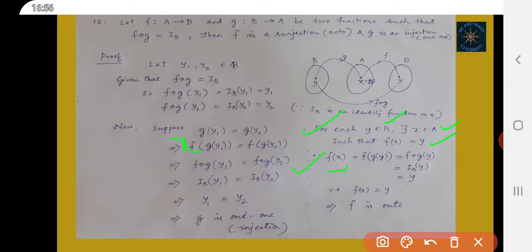Here x is what? g of y. See, here x is g of y.